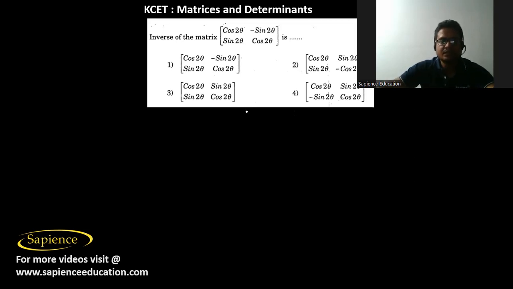Then here it is asked to find the inverse of this matrix.